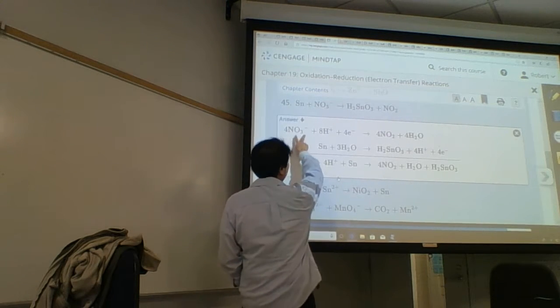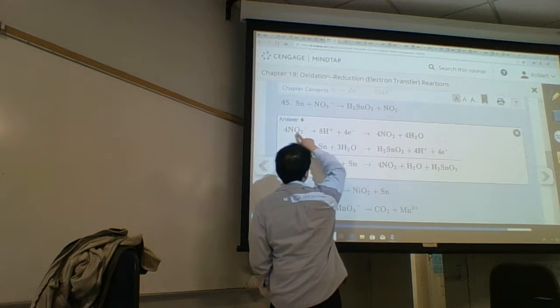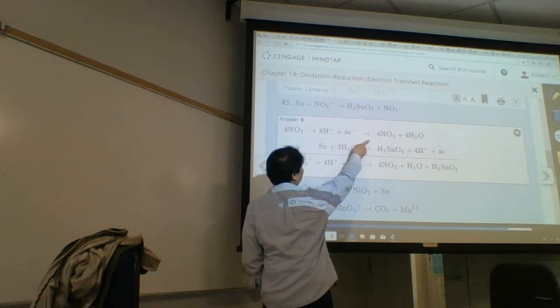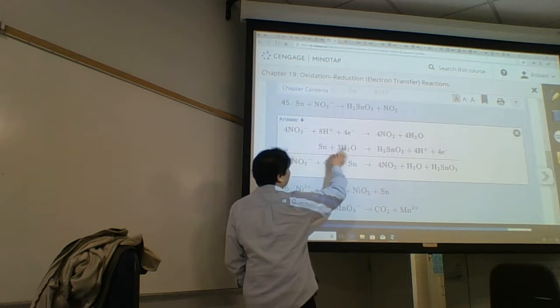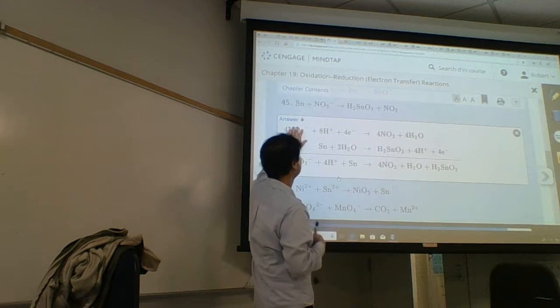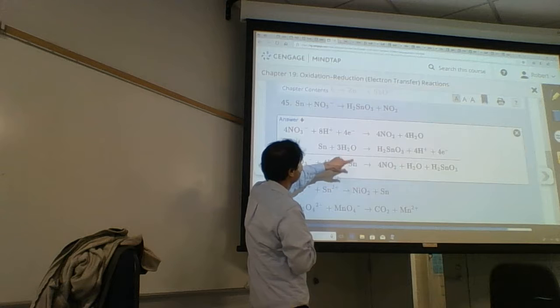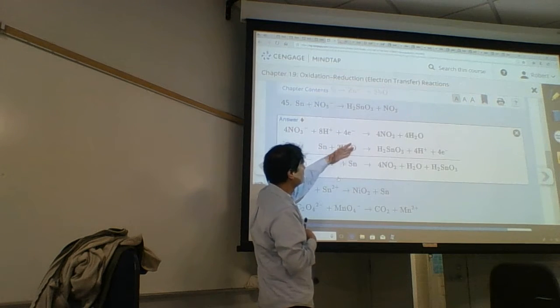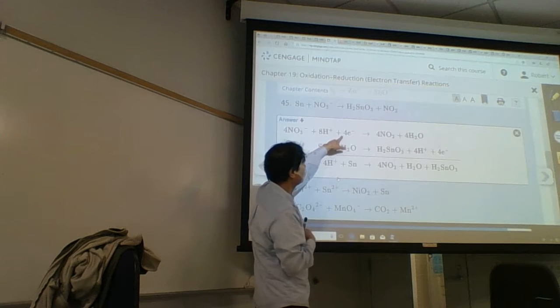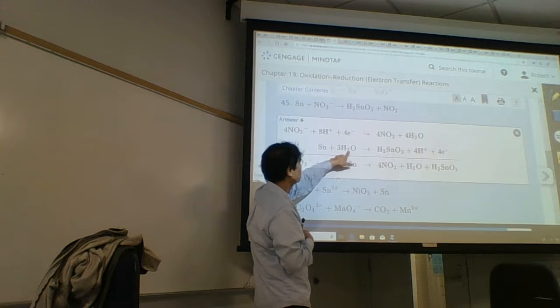So they balance out the nitrate going to NO2, balancing the nitrogens first. One nitrogen. Then balance out the oxygens, we need to add water. Then balance out the hydrogens, then balance out the charge. And then they quadrupled it to get 4 electrons here, because they need 4 electrons here.